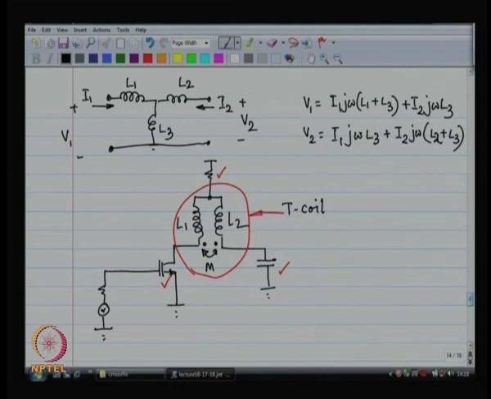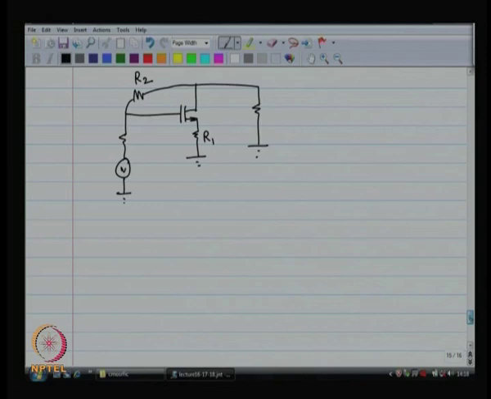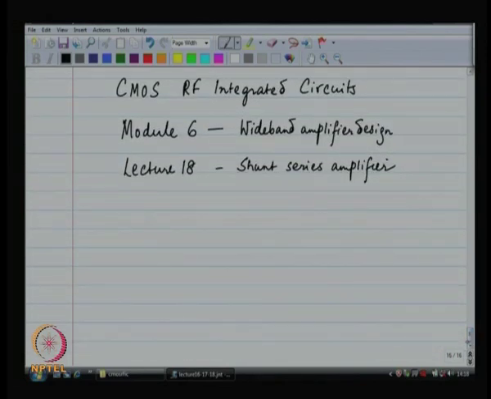I basically told you that 3 inductors put together will work even better than the solo inductor. That particular set of 3 inductors is called the T coil. That is also used a lot of times, and then today we are going to discuss the shunt series amplifier.